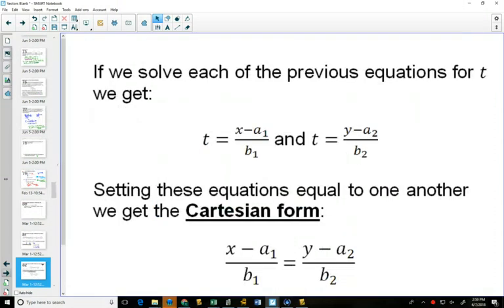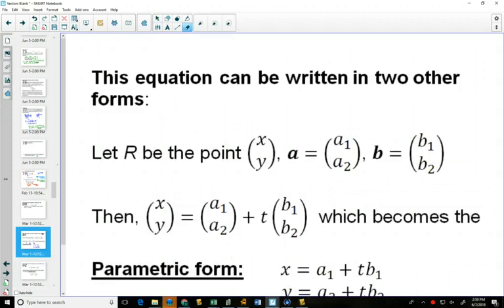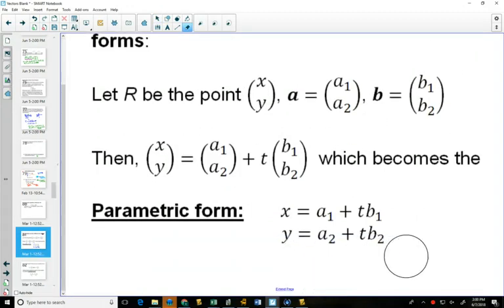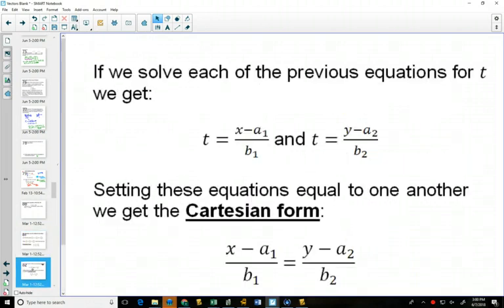Now, if we take the 2 parametric equations that we have here, I'll erase the extra values. Can you see that you could solve for t by subtracting a1 and dividing by b1, subtracting a2 and dividing by b2? And by solving for t in both of them, since the t's are equivalent, you could equate them.